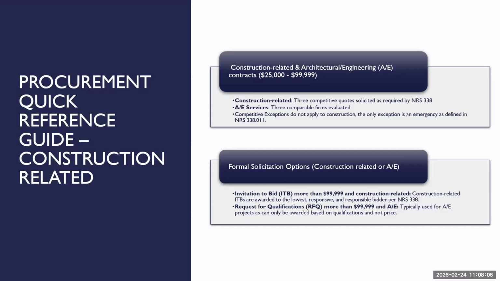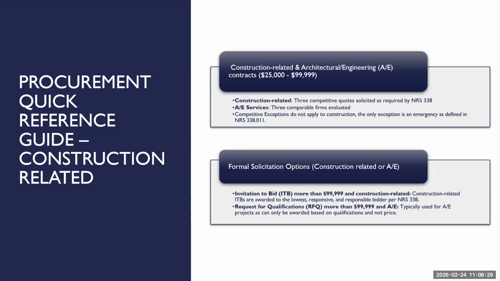A lot of people can think that construction related always means renovations or building a whole new building, but that's not always the case. It can be anything that requires a contractor's license to perform, especially with any of the architecture and engineering services.